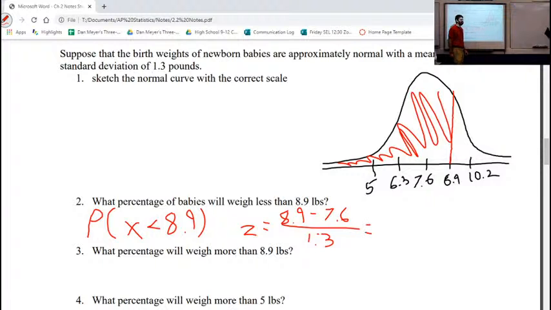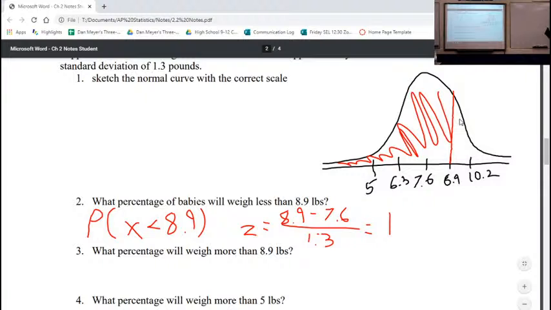What's this going to come out to be? 8.9 minus 7.6 is going to be 1.3, so the z-score is 1, which you should have been able to tell me because this is 1 standard deviation above, and that's what the z-score is measuring. So we're 1 standard deviation above, and we want everything to the left.